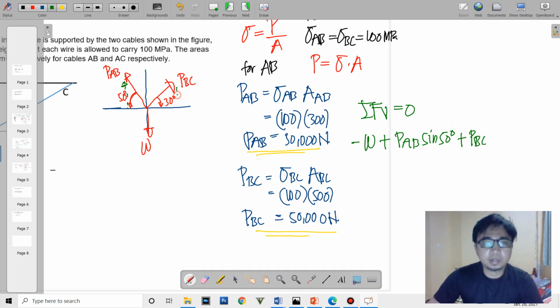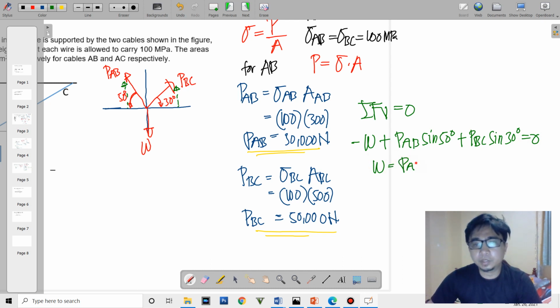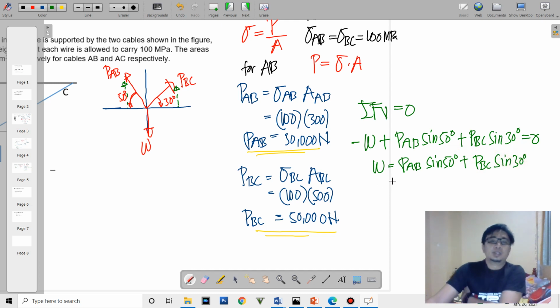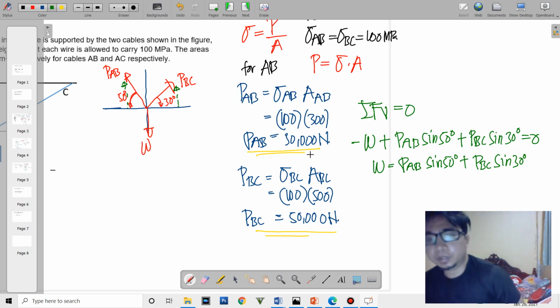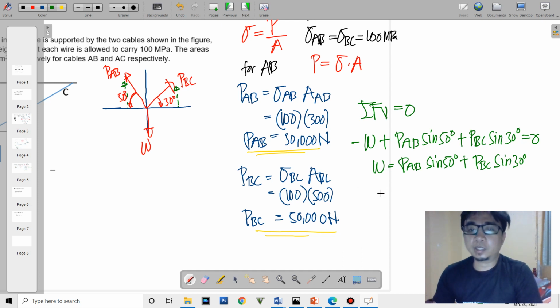Again, your vertical component here is opposite your reference angle, so you'll be having here sine of 30 degrees. So this is equal to 0. So you might have this equation, PAB sine of 50 plus PBC sine of 30 degrees, and all you need is to substitute. So you substitute, that's it. You can get the value of W.